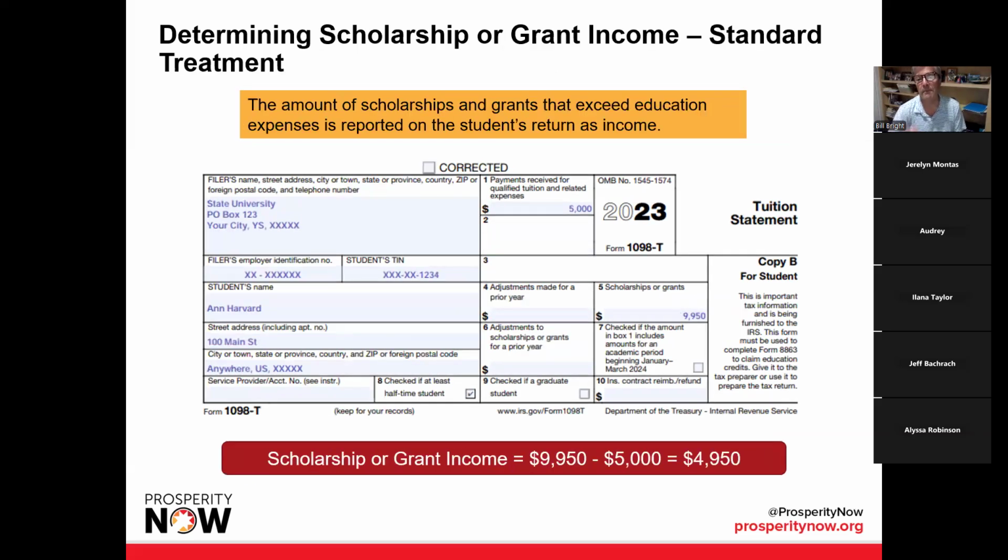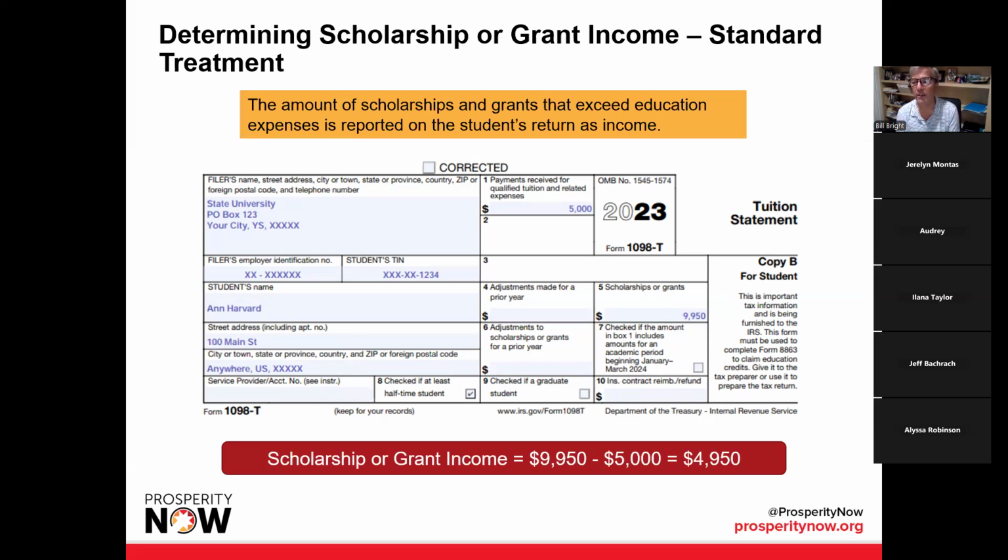Now here it's a little different. It's the opposite. In this case, there is income greater than the payments that were received by the school. Now that's a fairly big jump. That's twice what the payments were. This is going to generate a taxable income situation.